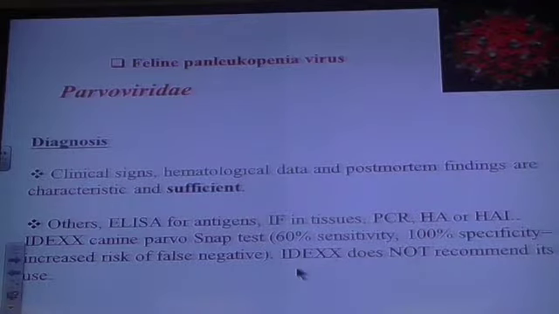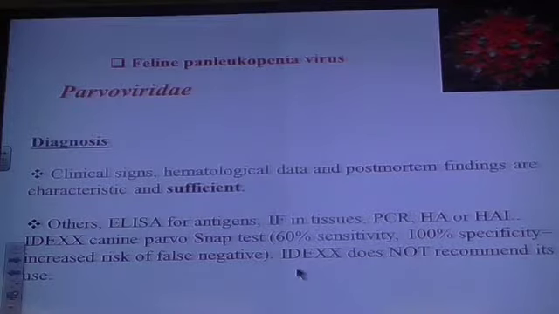Now, some people ask me about the canine parvo test being used for feline panleukopenia. There is a problem with doing this. 60% is the sensitivity. What this means is that 40% of the animals will be diagnosed false negative. It means the test shows they are negative, but in fact they are infected.